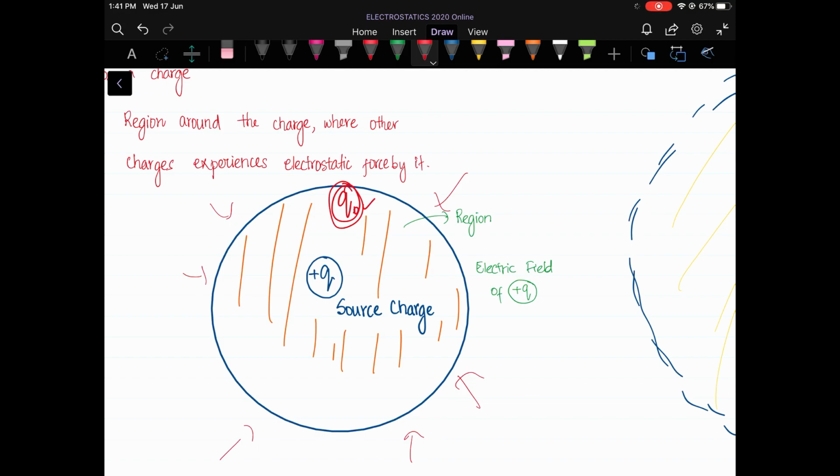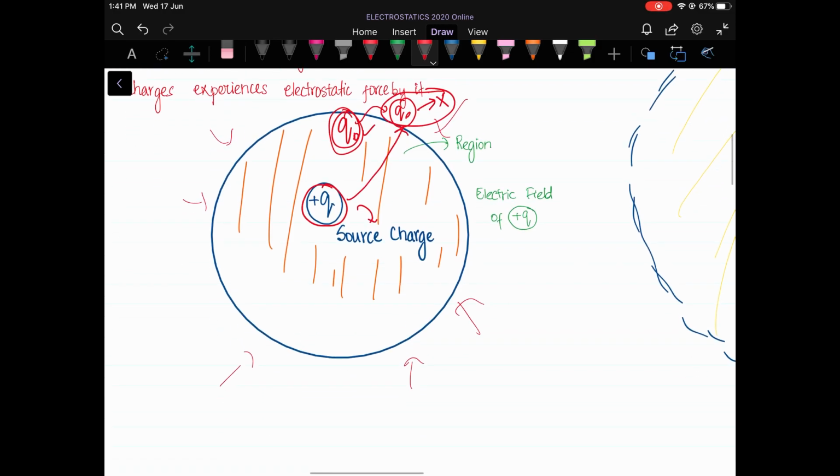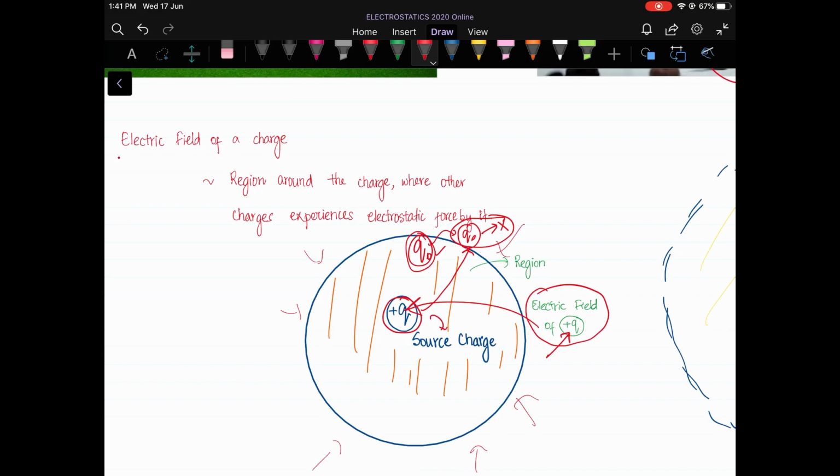But if I keep this charge outside this field, the source charge, as we can call it now, cannot apply any force on this charge. And we have to say that the field we are talking about is the electric field of the charge plus Q. We can say simply that the electric field of a charge is nothing but a region around that charge where other charges will experience some electrostatic force.